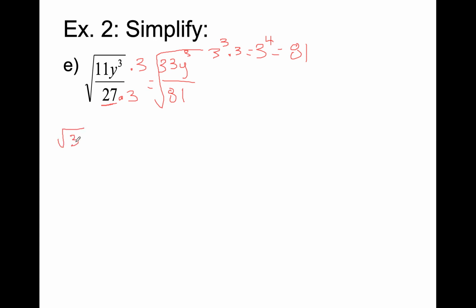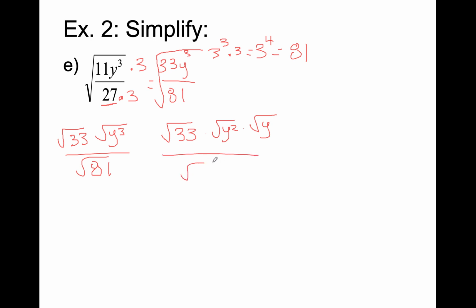So I have radical of 33 times the radical of y cubed all over radical of 81. If I look at this y cubed, I can break that into two radicals. So I'm left with radical 33 times radical y squared times radical y all over radical 81.